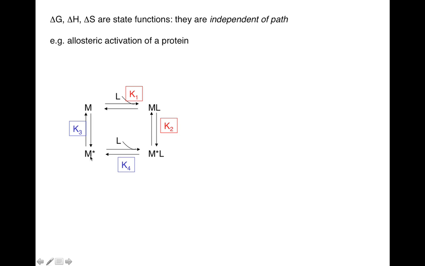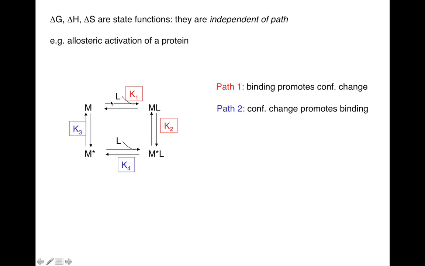Then, let's say this promotes ligand binding so that the ligand binds more easily, so this equilibrium is more favored. Okay, this is a very typical kind of analysis. So in this red path going this way, we would say binding promotes a conformational change. Now the blue path going this way, conformational change promotes binding. So we change conformation, that makes binding easier.